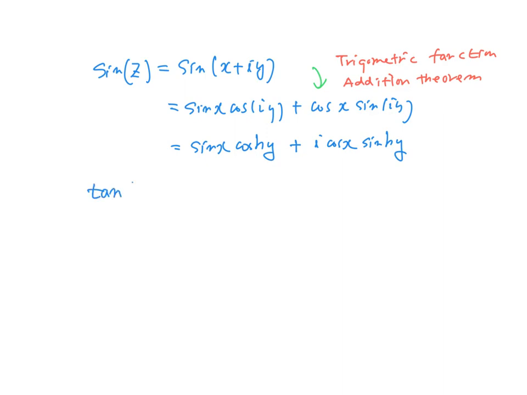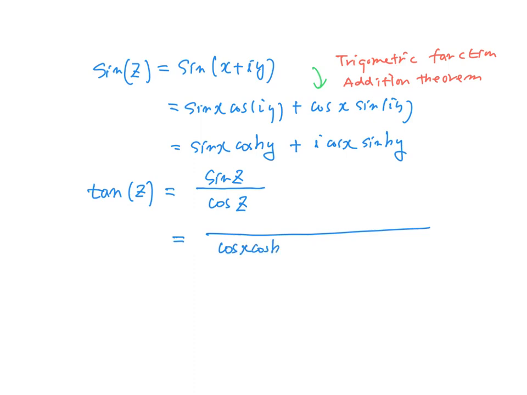Tangent z. Oh, it's a bit... cosine z over sine z. Cosine x cosine hyperbolic y minus i sine x sine hyperbolic y, over sine x cosine hyperbolic y plus i cosine x sine hyperbolic y.